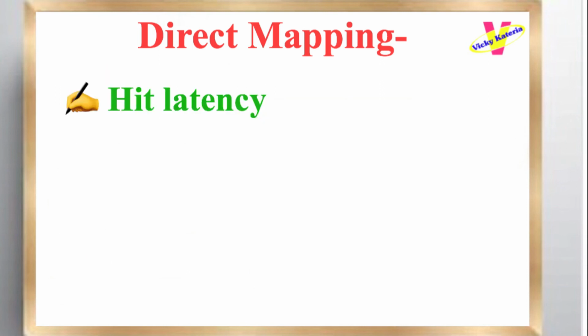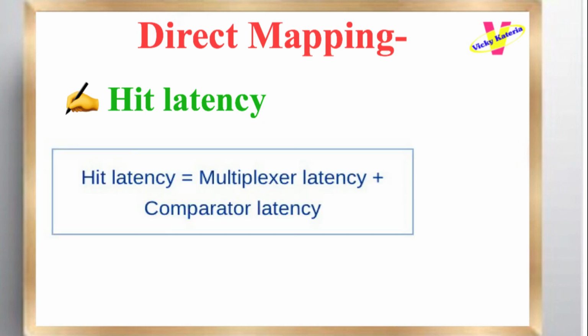Hit latency. The time taken to find out whether the required word is present in the cache memory or not is called hit latency. For direct mapped cache, hit latency equals multiplexer latency plus comparator latency.